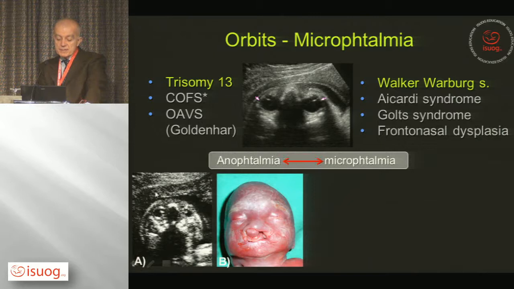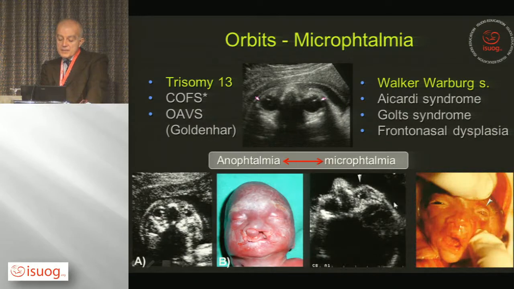Bear in mind that this is a spectrum, and it's also an evolving lesion. So in the next slide, I will point out that you may also find late onset cases of microphthalmia. Sometimes these are unilateral, maybe due to teratogenic intake from the mother during the early phase of the first trimester.